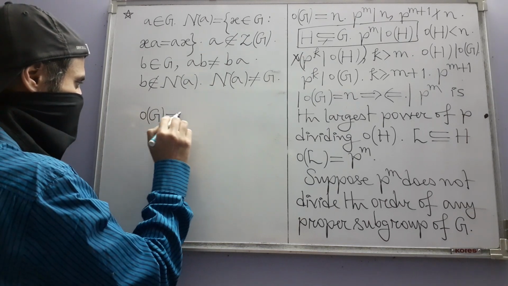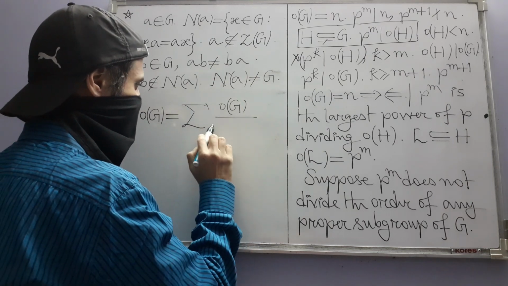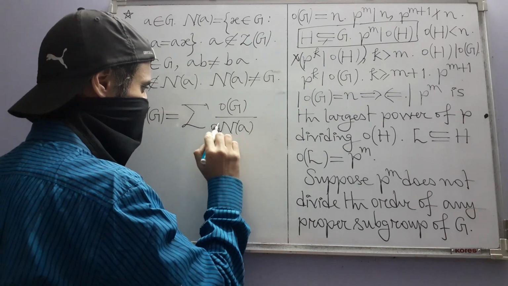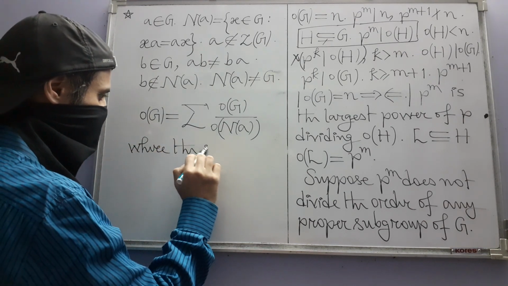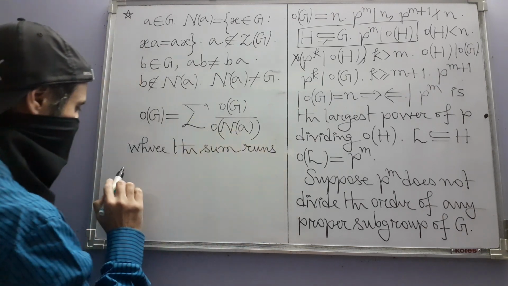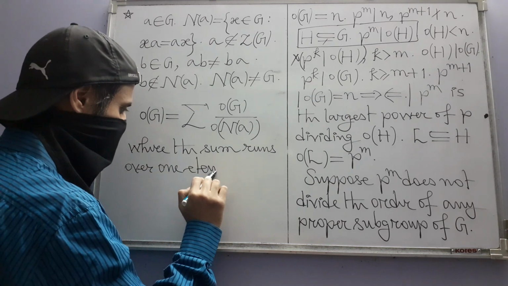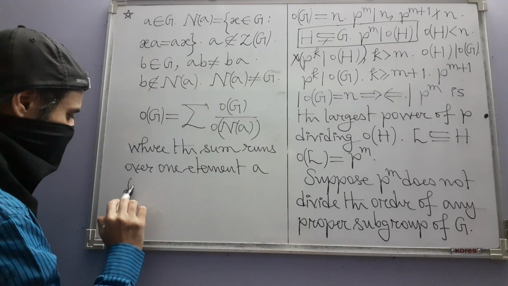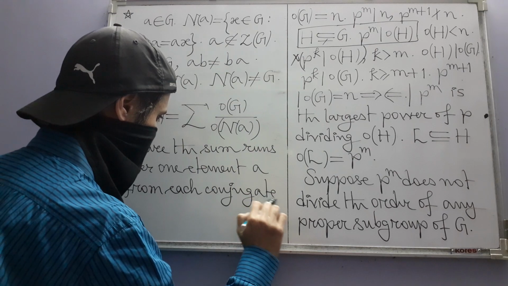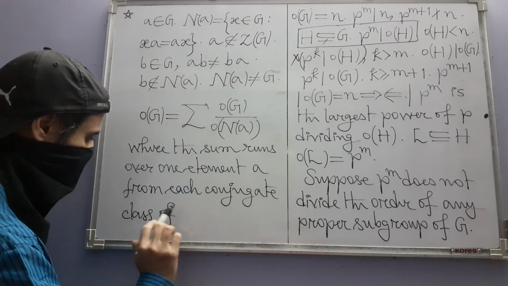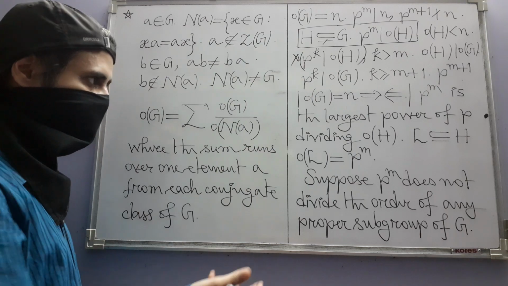It is simply this: the order of G is the sum of such numbers, where the sum runs over one element A from each conjugacy class of G. This is a not so rigorous way of saying this, but we do understand what it means.